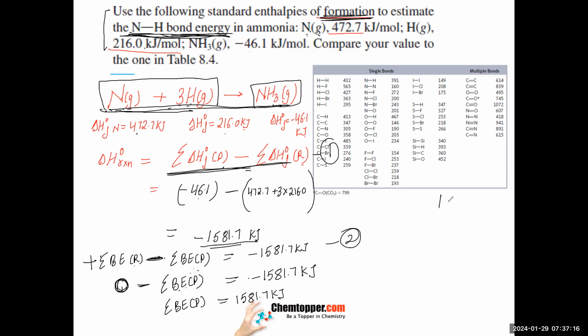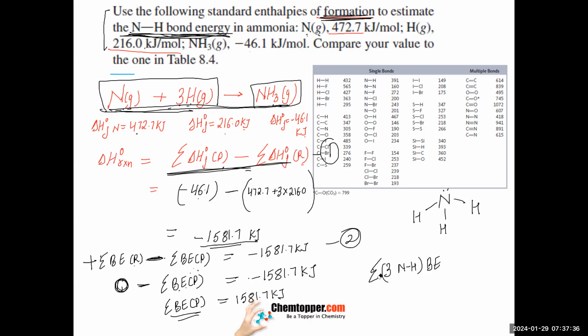Now tell me how many bonds are formed? Draw the Lewis dot structure. How many bonds are formed? 3. So this summation of bond enthalpies is 3 times the nitrogen hydrogen bond. That's the only bond which is formed, right?